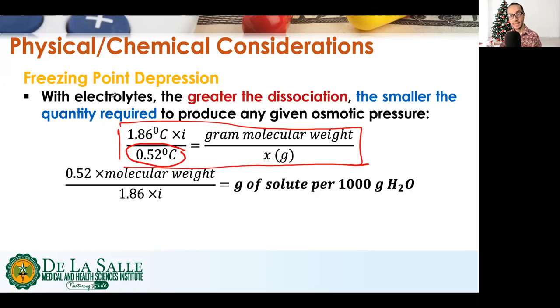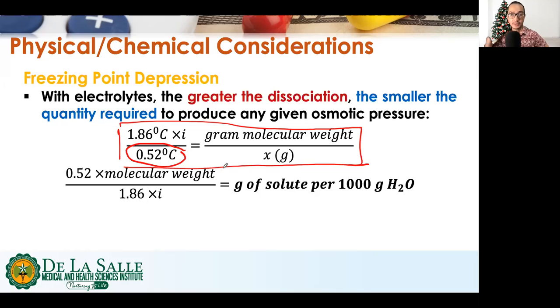So for example, if you have a solution containing sodium chloride and another solution containing potassium chloride, these are different salts, but they could have the same colligative properties for as long as the number of particles present in the solution are the same. That's why colligative properties are very important.